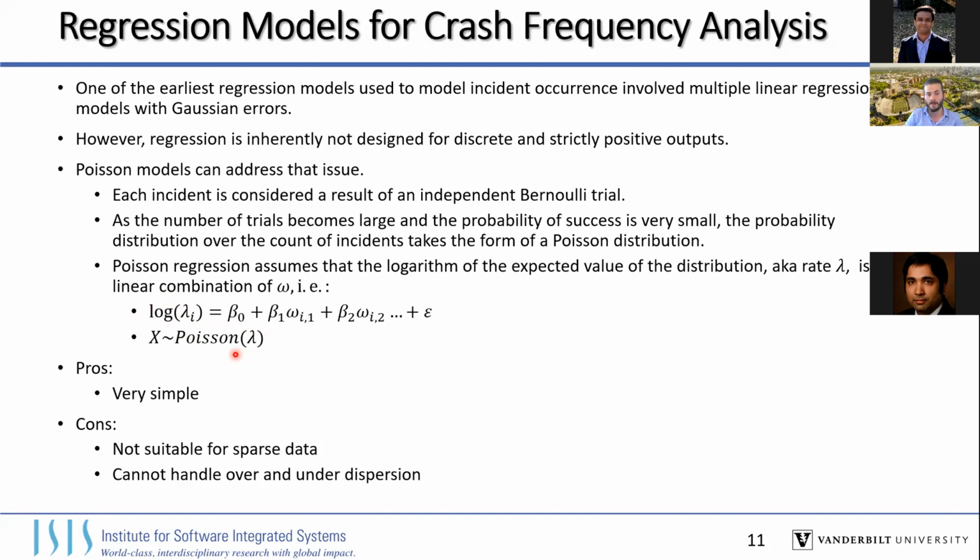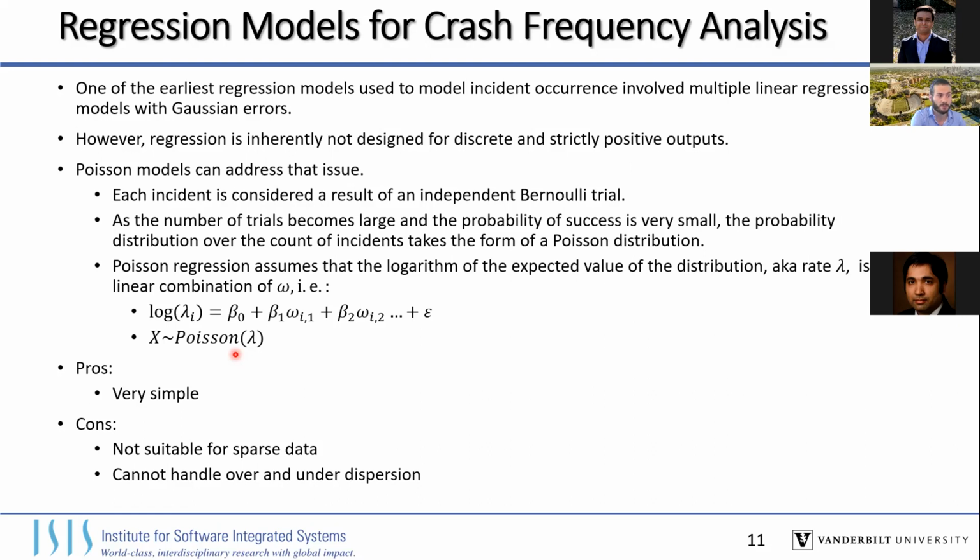For example, a Poisson model has the same value for the mean and the variance, which may not be the case when we're looking at the data. This is called over dispersion or under dispersion. When the variance exceeds the mean, we call it over dispersion, and when the variance is less than the mean, we call it under dispersion.